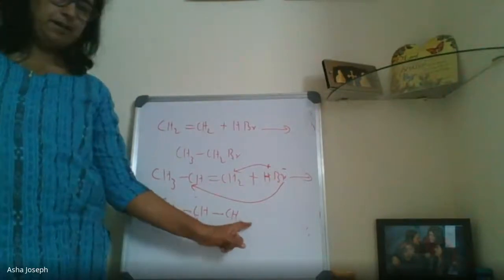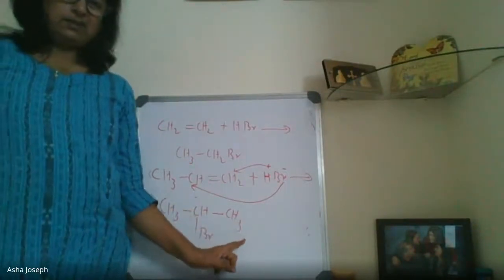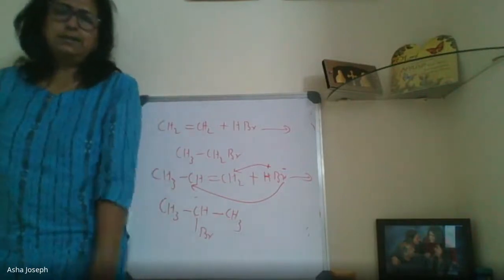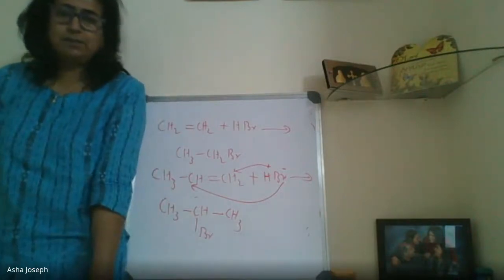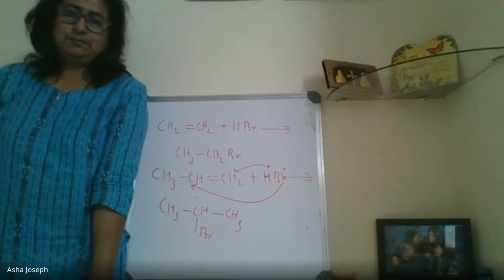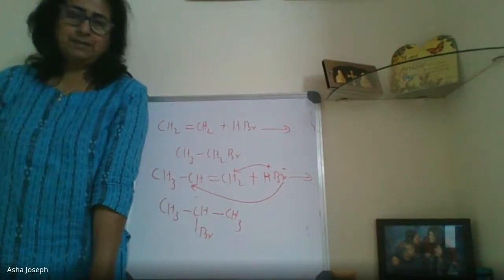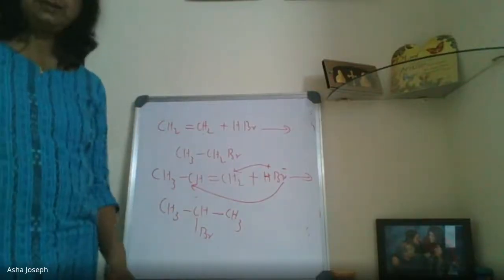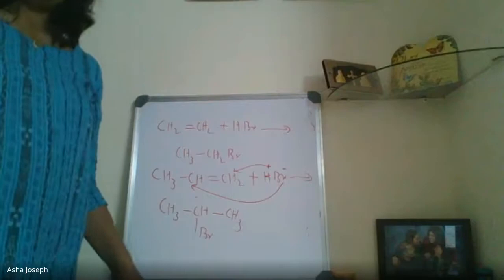Remember it? And then you also learned that if this reaction takes place in presence of peroxide, opposite will happen, isn't it? Anti-Markovnikov's rule. Clear, children? Yes, ma'am. So this you write, one we will write with peroxide and then we will go to the next.